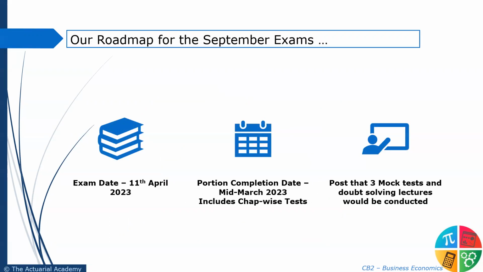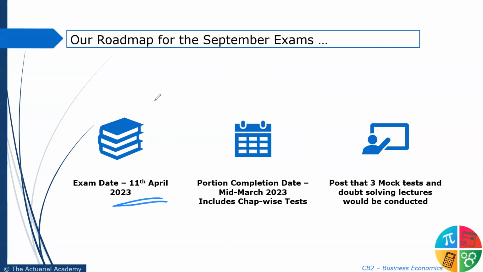So moving on to our own roadmap for the next April exams. Our exam date this time is 11th April 2023. So this is the exam date. And like you saw, our portion completion timing is Feb end.